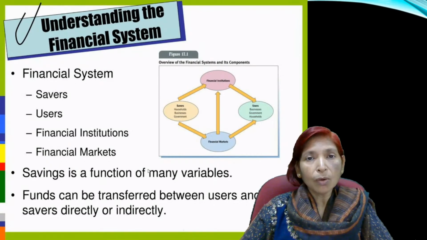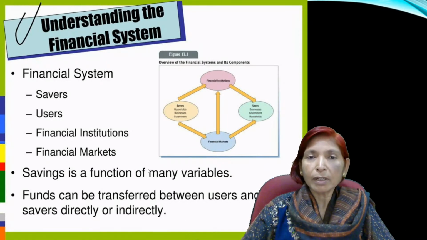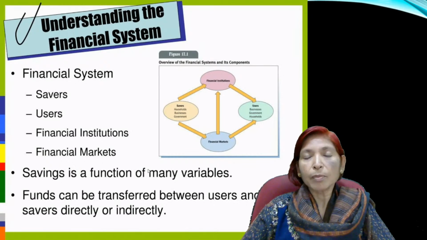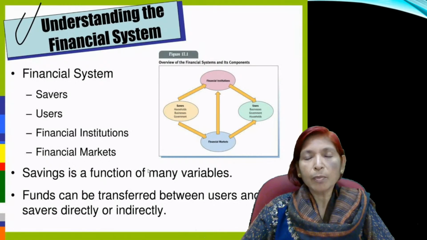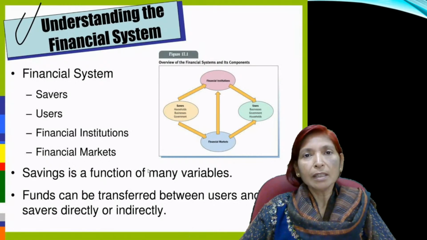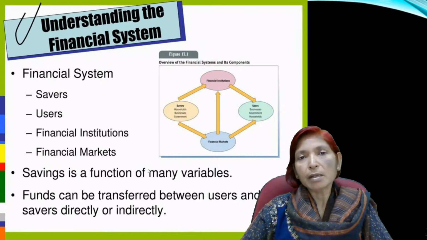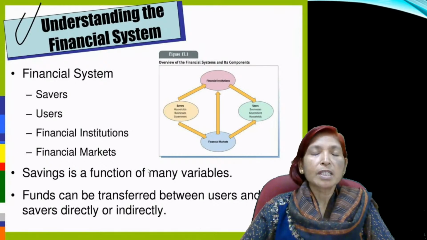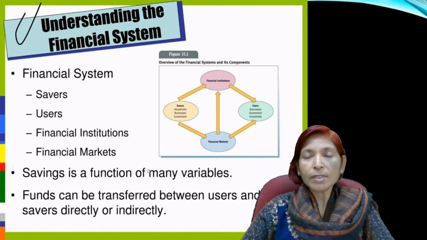But saving does not depend only upon the level of income. Saving depends upon the rate of interest also. Saving depends upon willingness to save and capacity to save. So saving depends upon so many variables; not only one variable affects saving. Saving depends upon income, rate of interest, our willingness to save, our capacity or ability to save, and foresightedness.